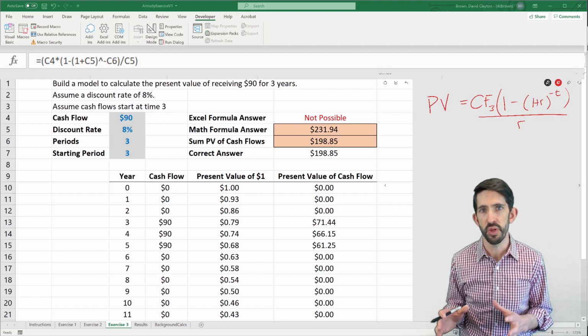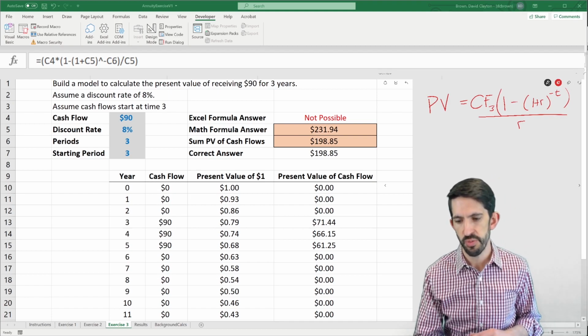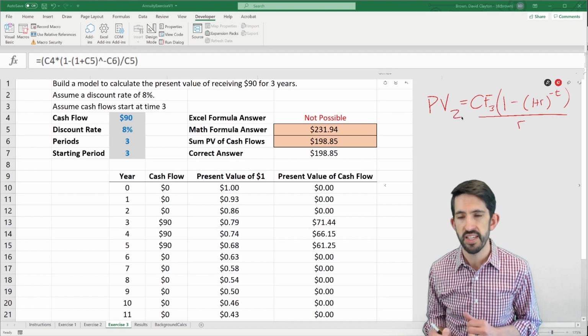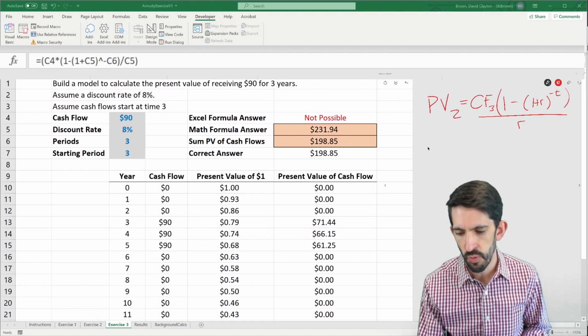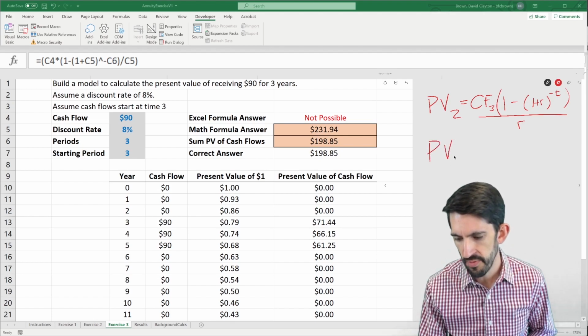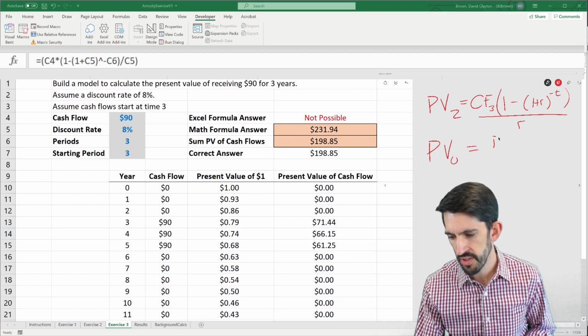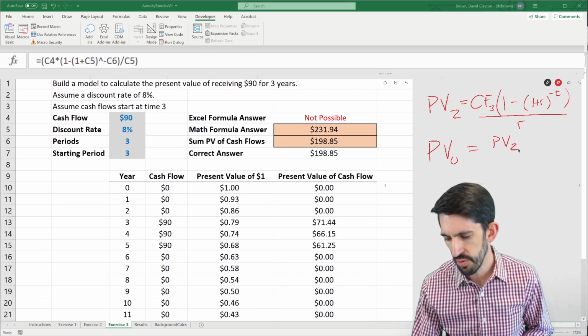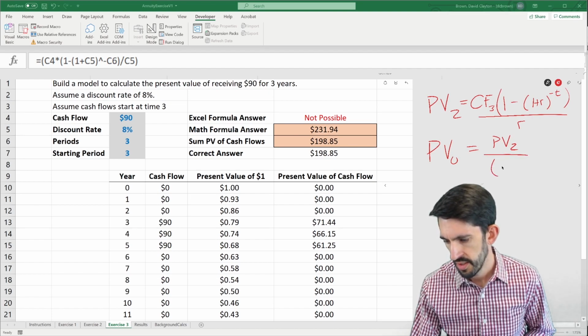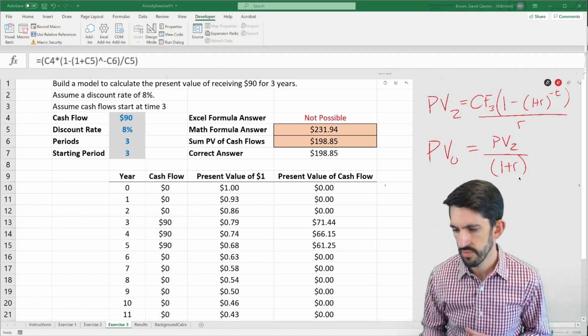So our annuity formula is always based off the prior period. So the present value is going to be as of time 2. But again, what we're interested in is the present value at time 0. So the present value at time 0 is equal to the present value at time 2 divided by 1 plus r.